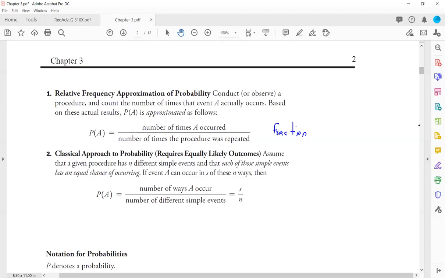On the numerator, you write the number of times A occurred. On the denominator, you count the total number of times that the procedure was repeated. So it is equal to N of A divided by N of S. S is the sample space, which includes all possible outcomes.